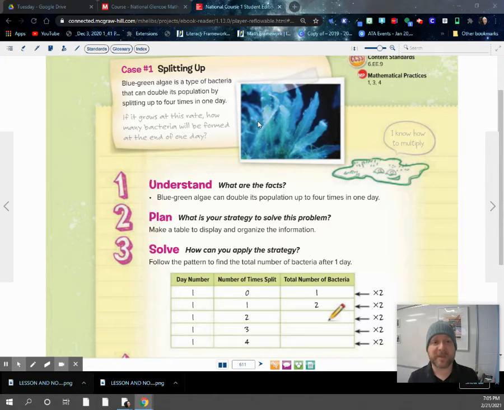So it doubles its population, reproduces and doubles the population by splitting 4 times in one day.